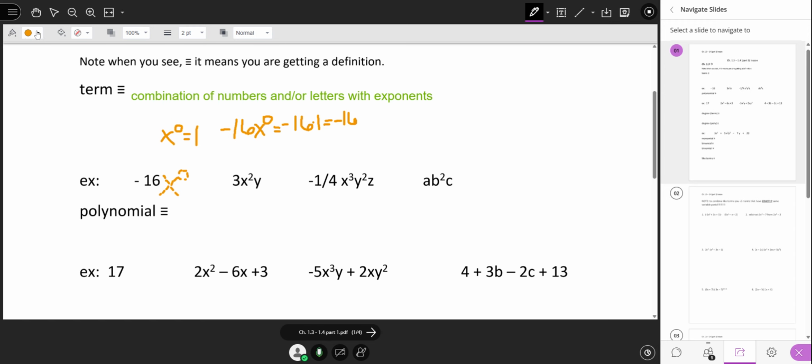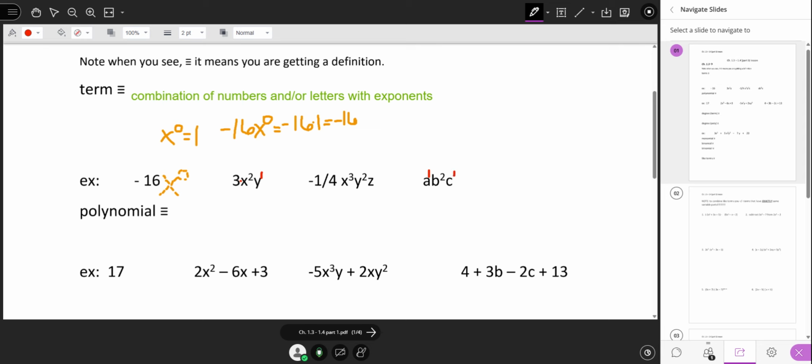Another thing I need to explain to you is 3 hugged up to a variable is 3 times. And then y by itself is y to the first power. a by itself is a to the first power. c by itself is c to the first power.